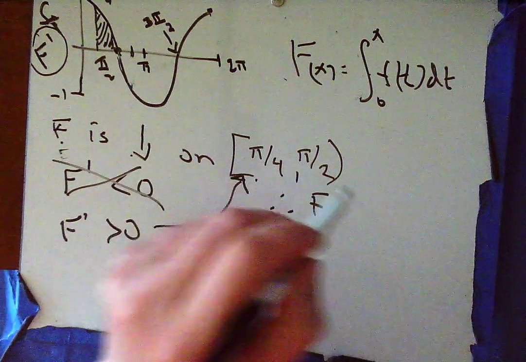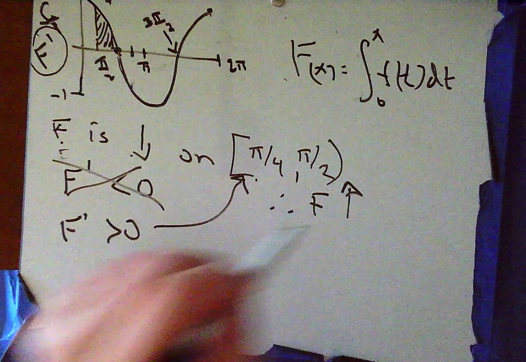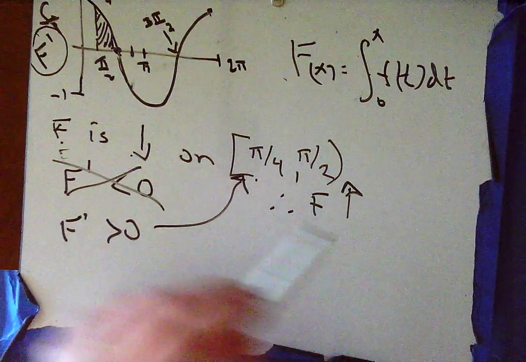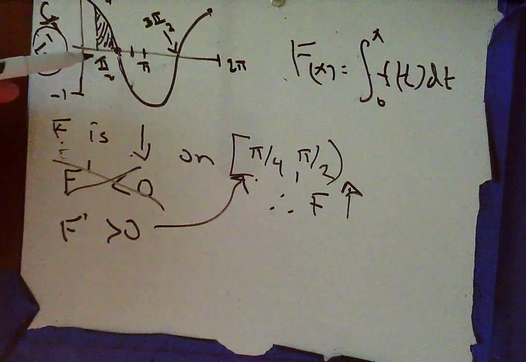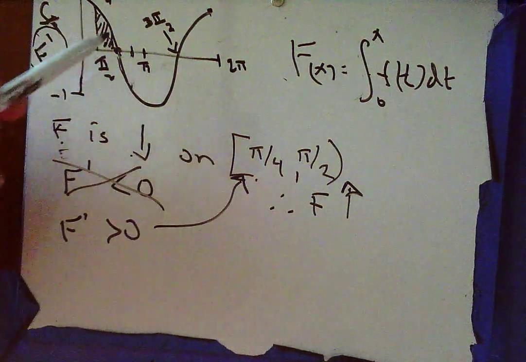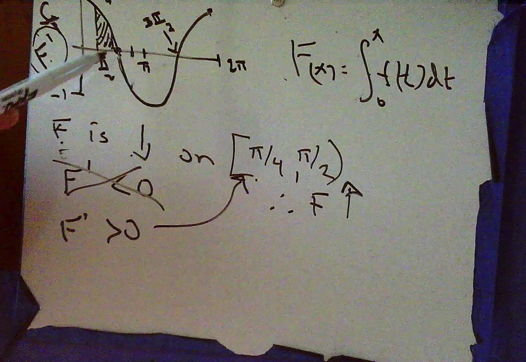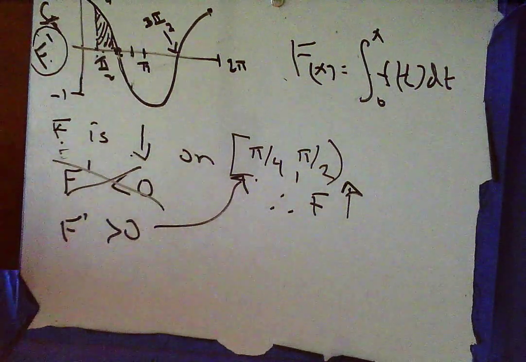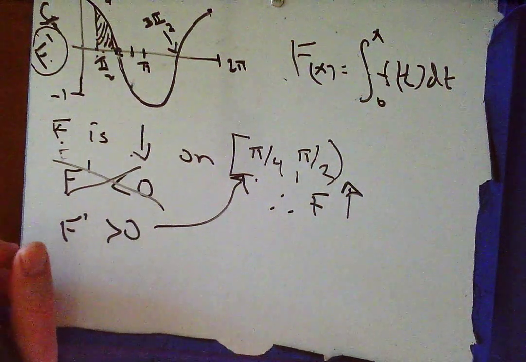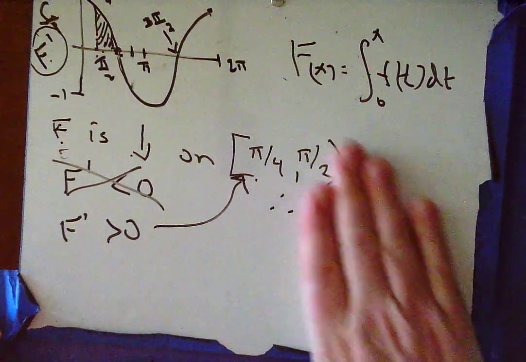Therefore, big F is increasing. Big F is increasing because the y values on big F prime are positive y values. That means that big F has positive slopes from pi over 4 to pi over 2. So this is not a true statement either.